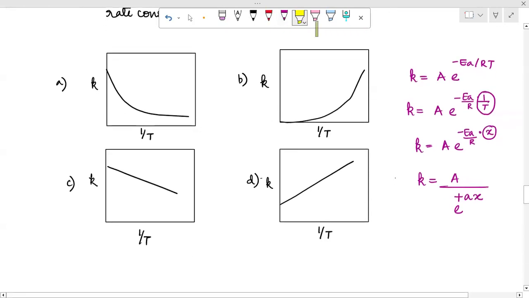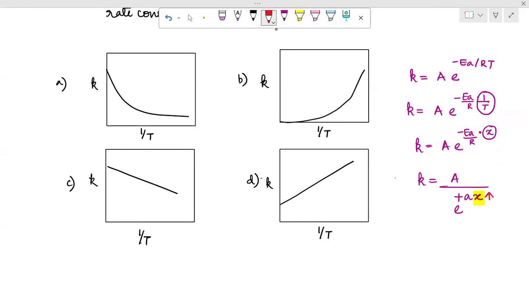Now listen carefully. If your X, which is the power of the exponential, increases, your overall value of e to the power ax also increases, correct? e to the power 2 is less than e to the power 3 is less than e to the power 4.